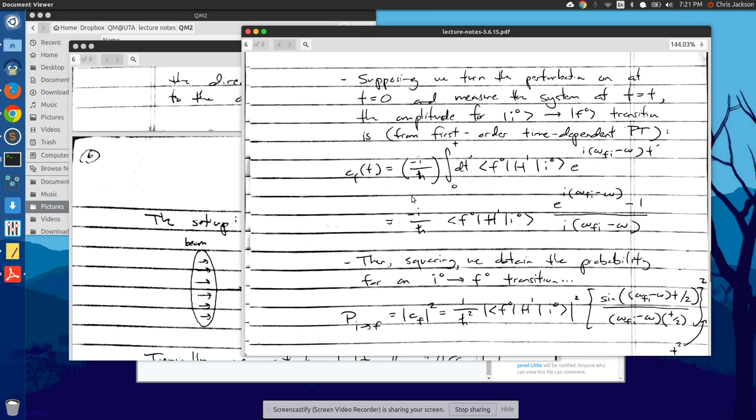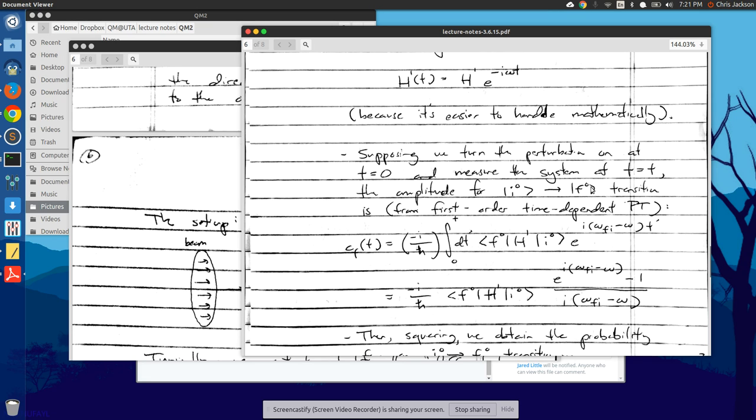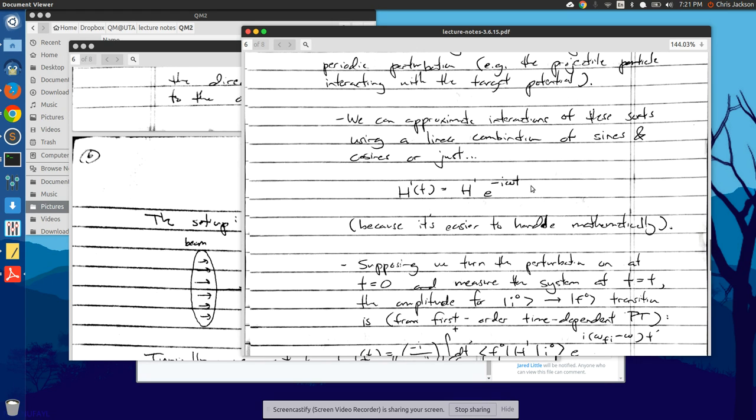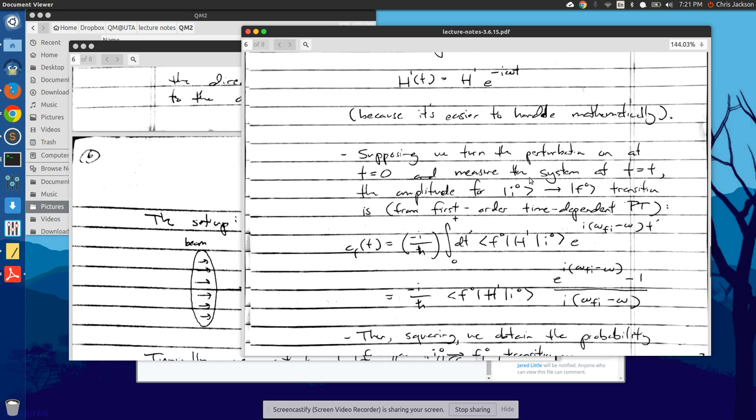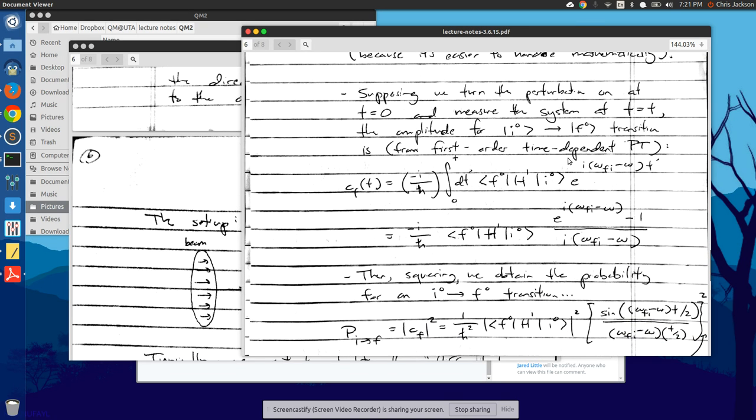Okay, so what we have to do is compute this coefficient, right? And so what I do is I plug it in, right? So this is the piece that's coming from the time dependence of the states, and this omega here is coming from our perturbation. So this omega is different than the omega that we're used to. So this omega is controlling this kind of sinusoidal potential that we're dealing with.